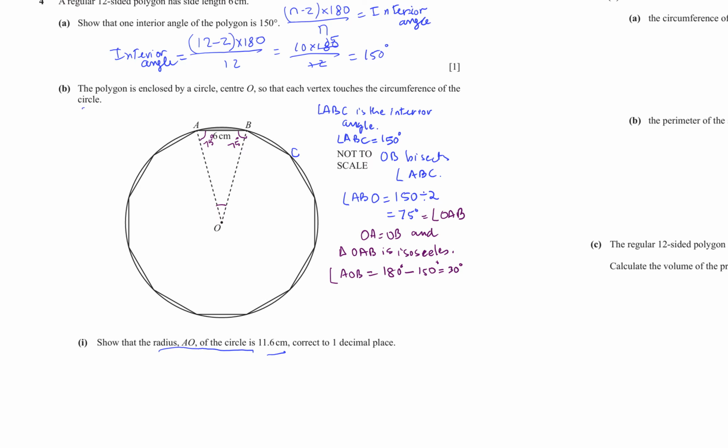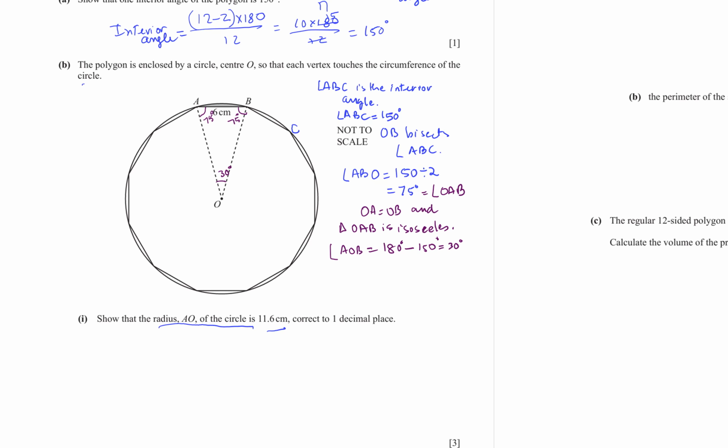So now I can use the sine formula to work out what the radius is. Suppose radius equals r.